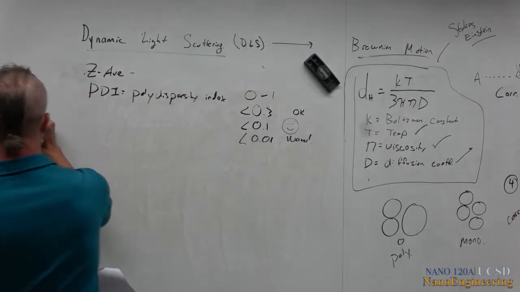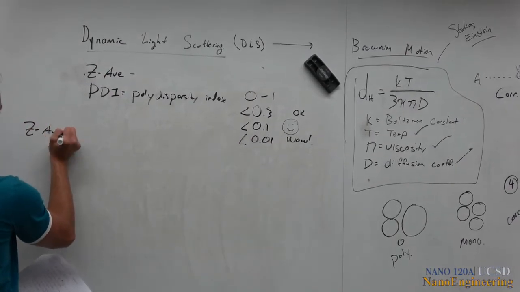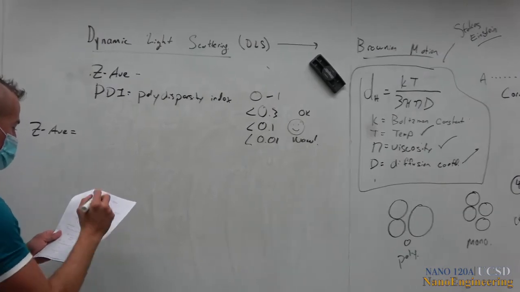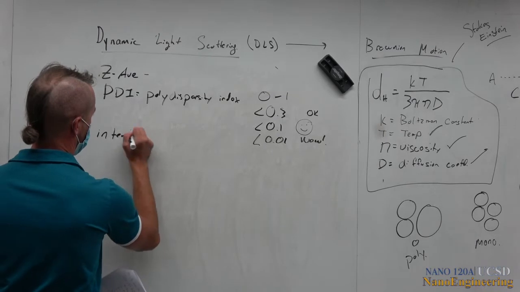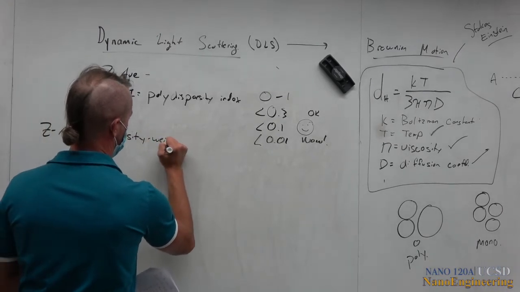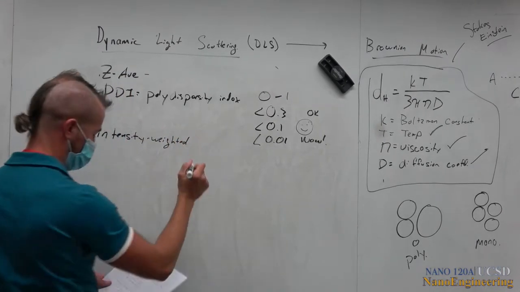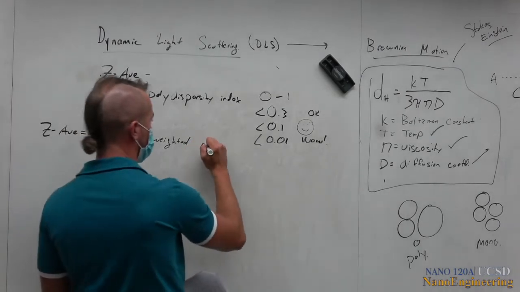Z average, it's the intensity weighted mean diameter.